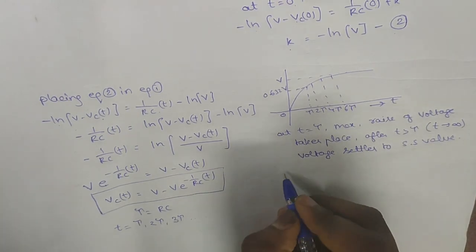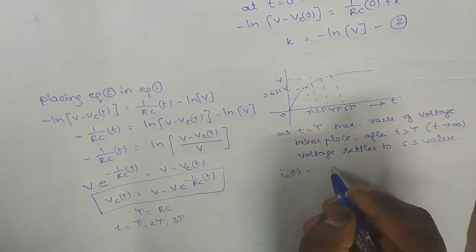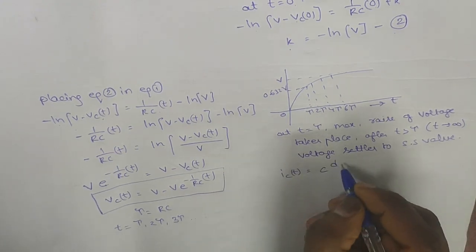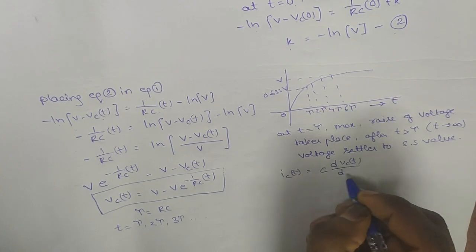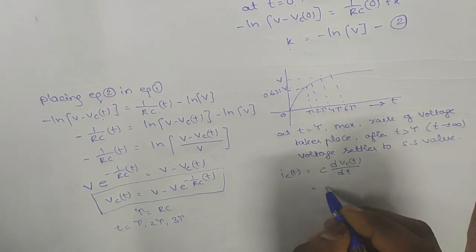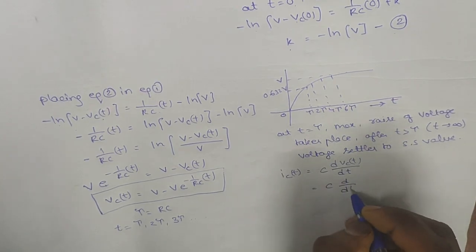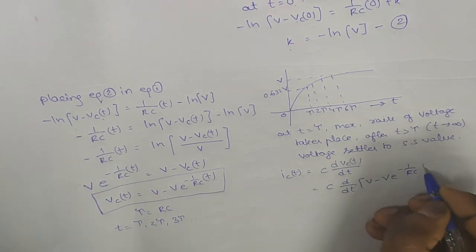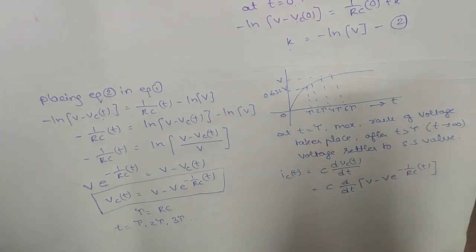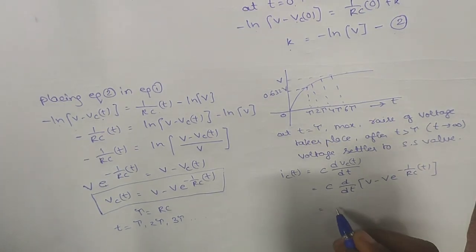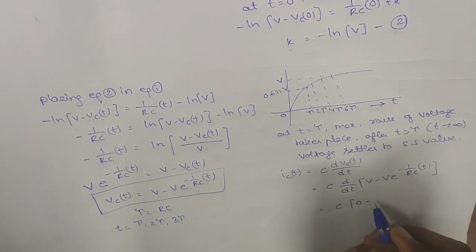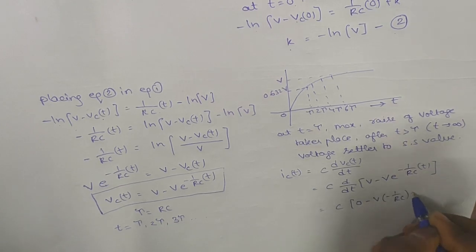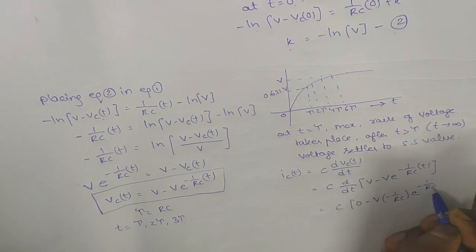Now for the current, from this we can derive the current Ic of t is equal to C into dVc of t by dt. From this, C times d by dt of (V minus V e power minus 1 by RC of t). If you differentiate it, 0 minus V into minus 1 by RC e power minus 1 by RC into t.